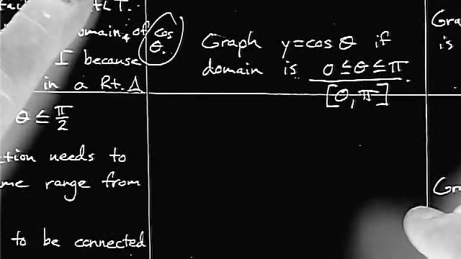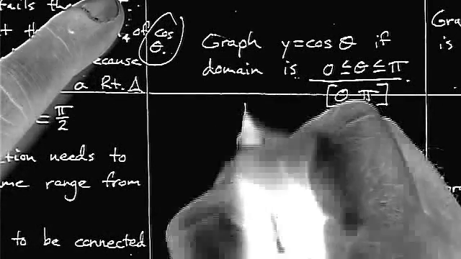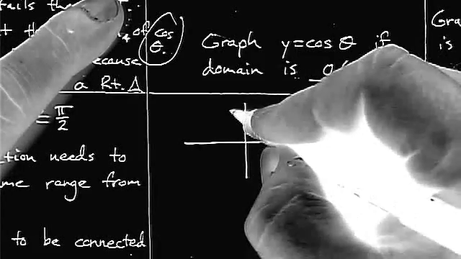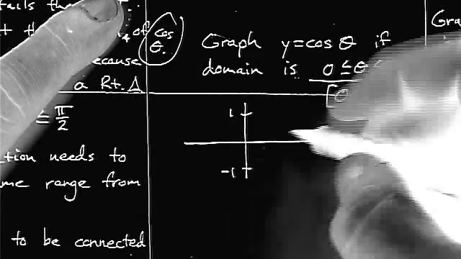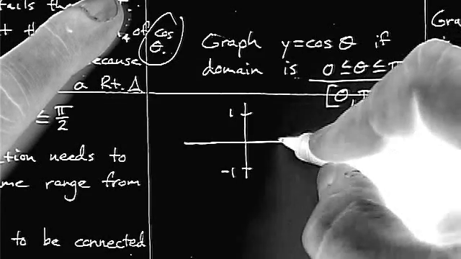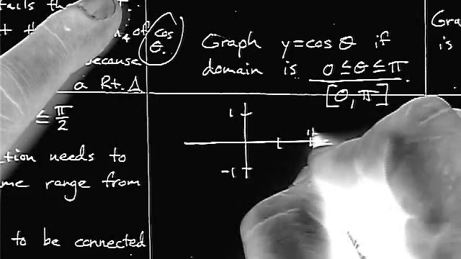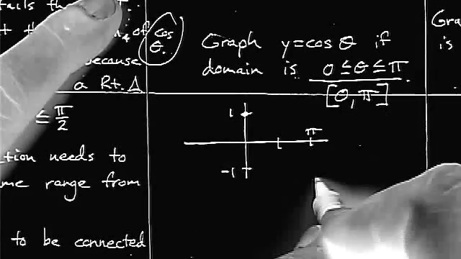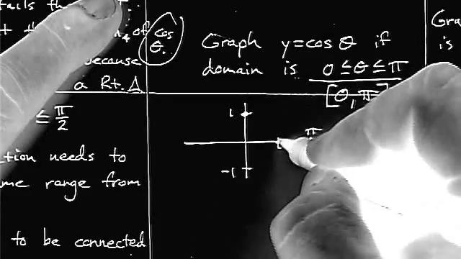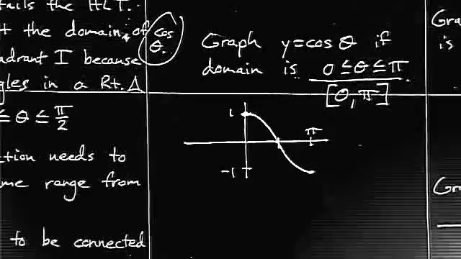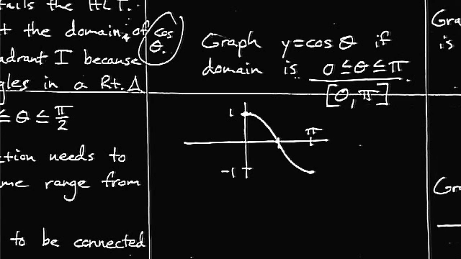Now what's that going to look like? So the cosine wave, which we saw a few minutes ago, started out at 1 and it went all the way to pi. So in other words, started here and ended here. This is the piece that we're dealing with. That's what we have just restricted it to.